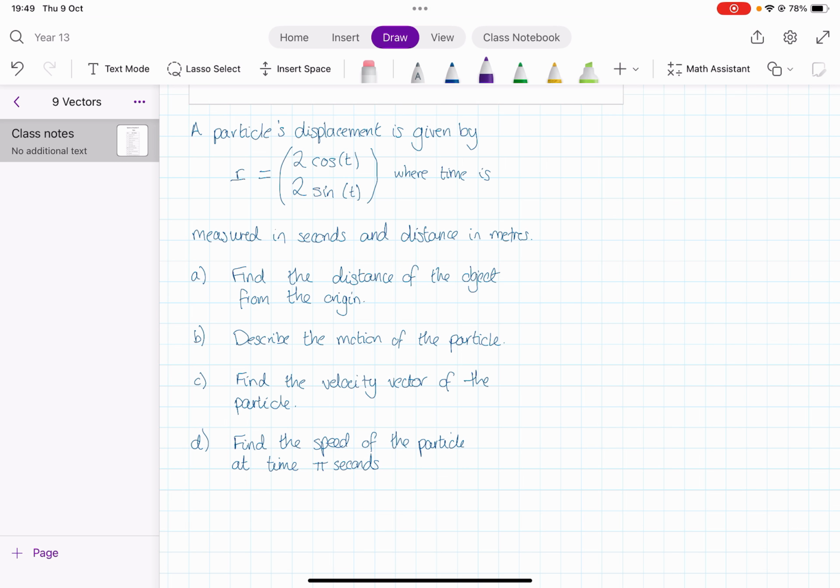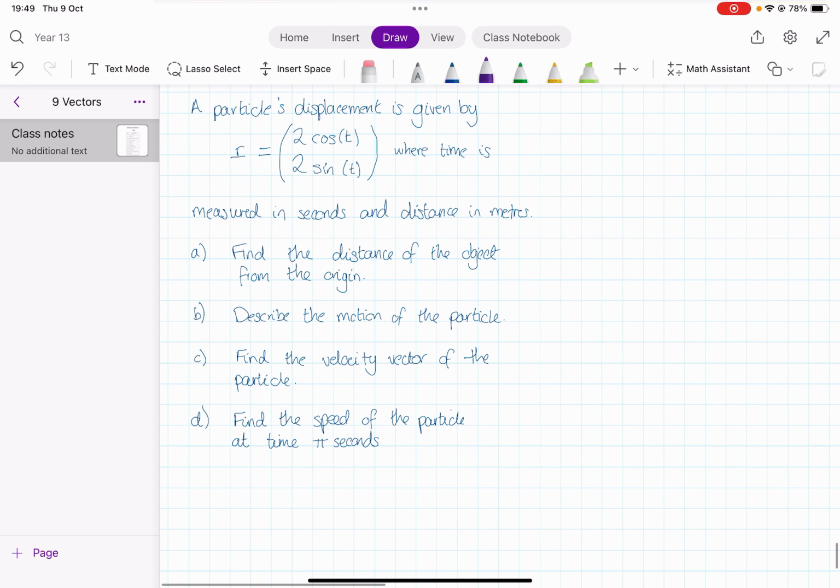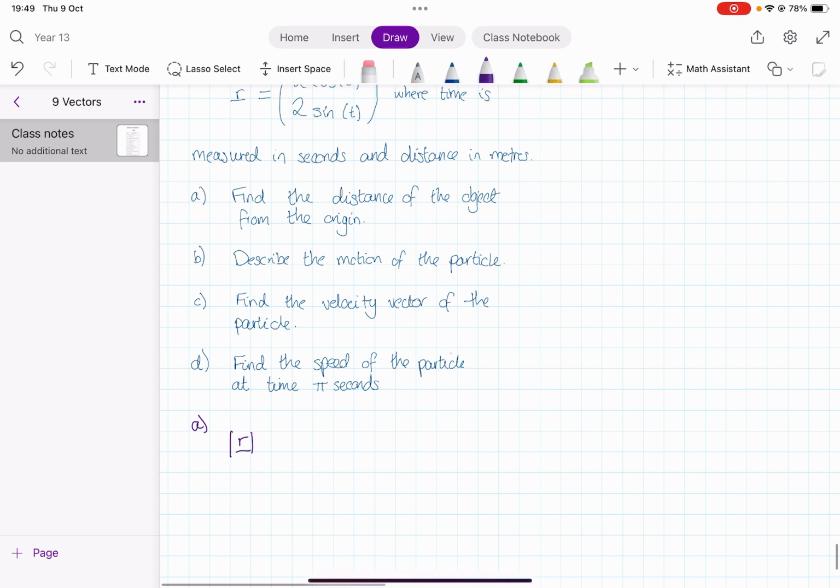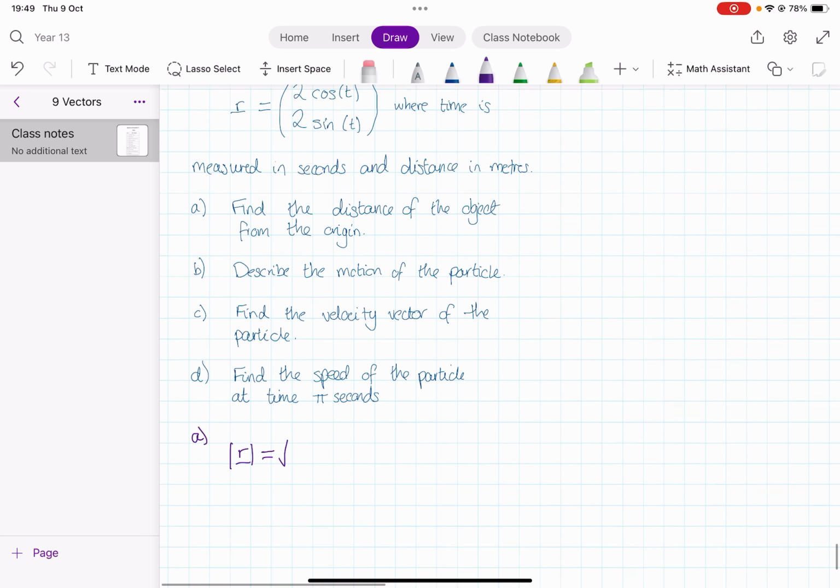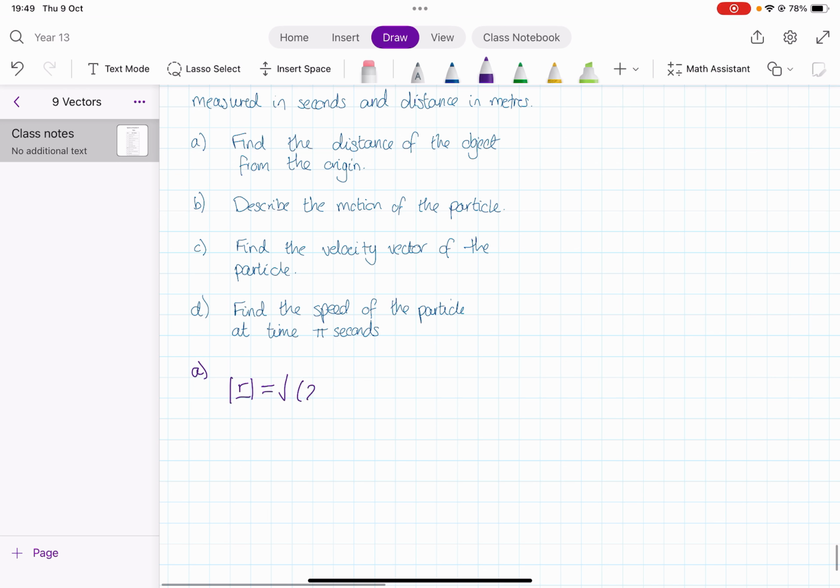I'm going to use Pythagoras' theorem, and we're going to look at a little trick that we can do. So it is going to be 2 cos t all squared plus 2 sine t all squared.